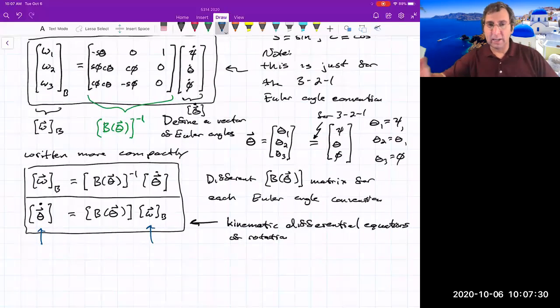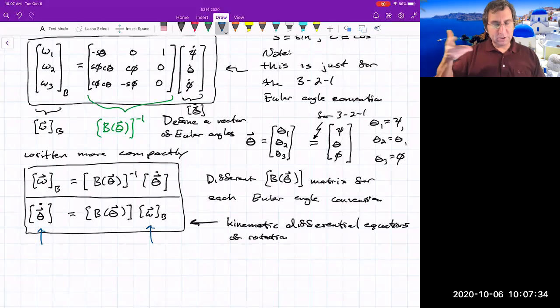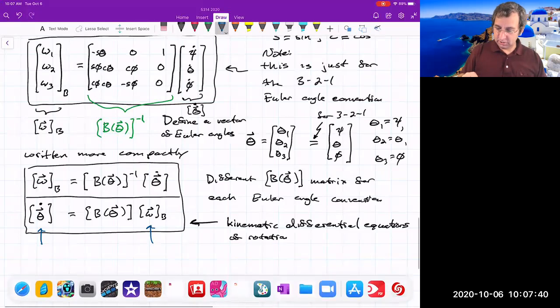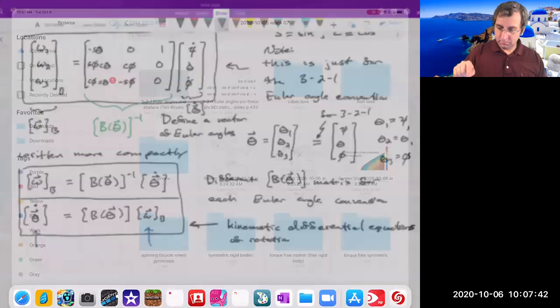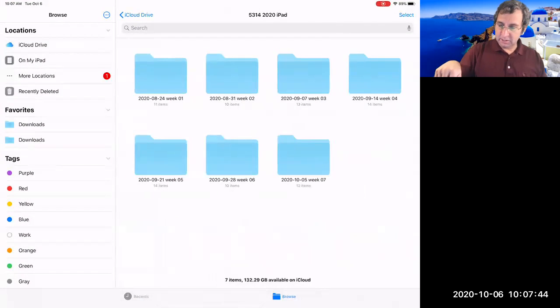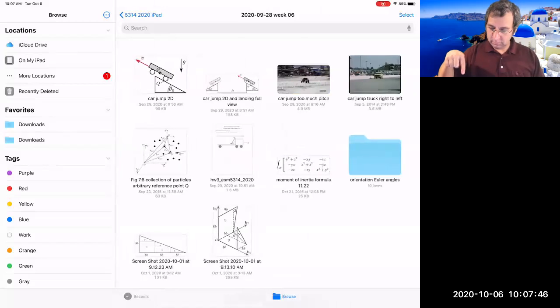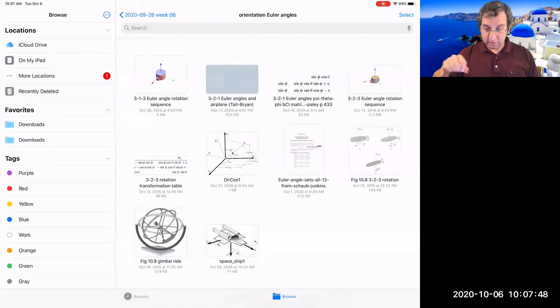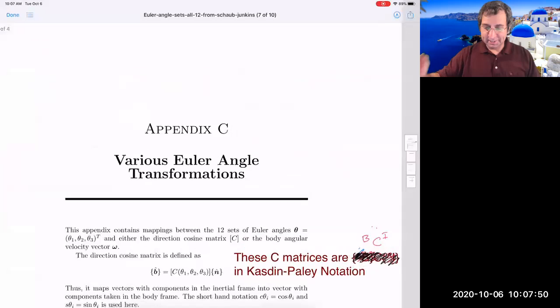So I think I showed you last time a sheet that had the rotation matrices C for each of the 12 conventions, and it also has these B matrices. So let me show you that again. And I've placed it where I place things. Okay, here it is.